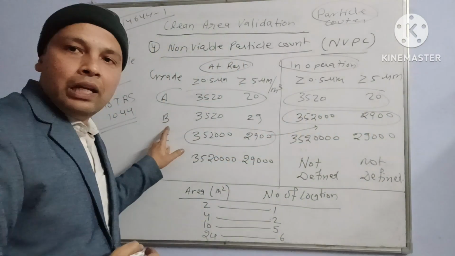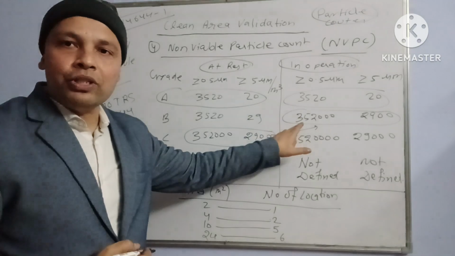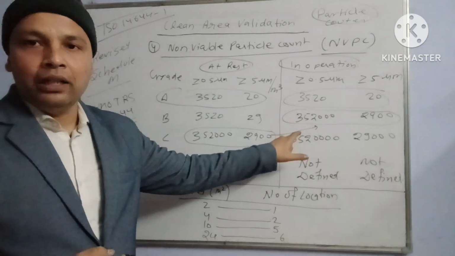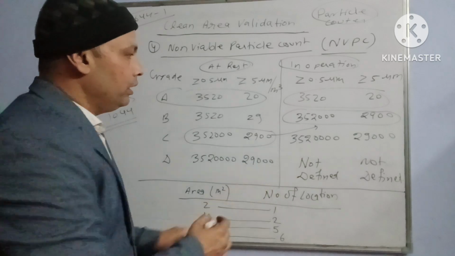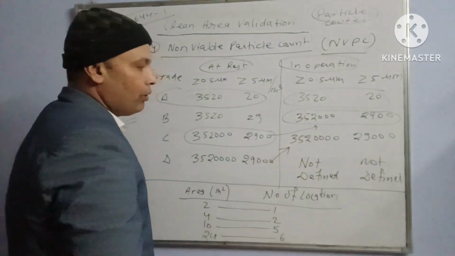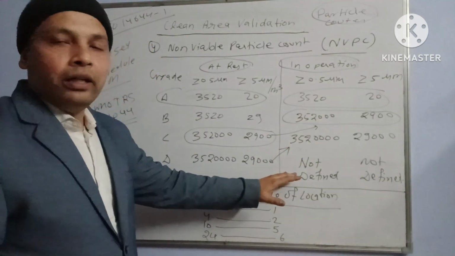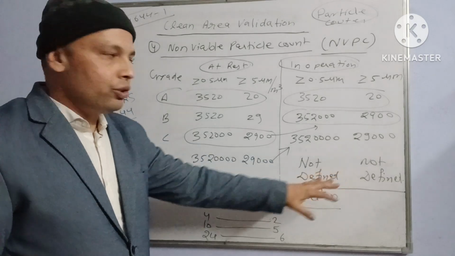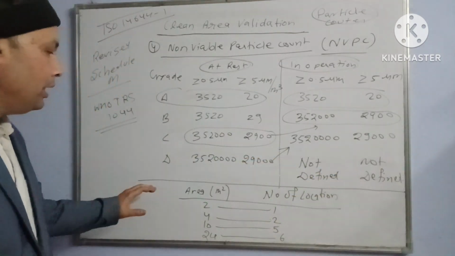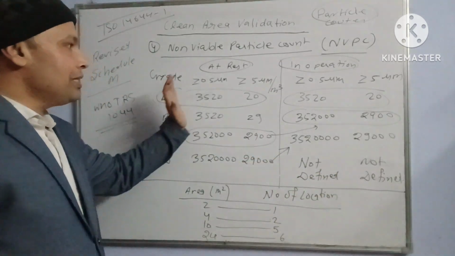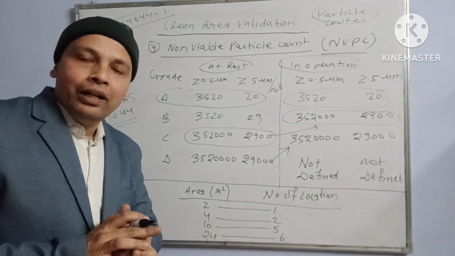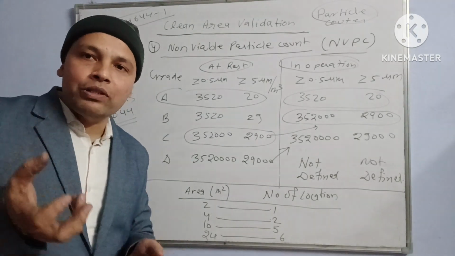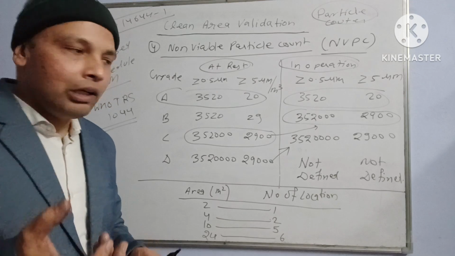Meaning the grade B area at rest becomes grade C in operation, like this. Similar is the case of C becoming D, you can check from here. And grade D is not defined as per the current schedule and also WHO TRS, right? So these are the basic limits. Further, how you have to check or how many samples you have to take using the particle counter.